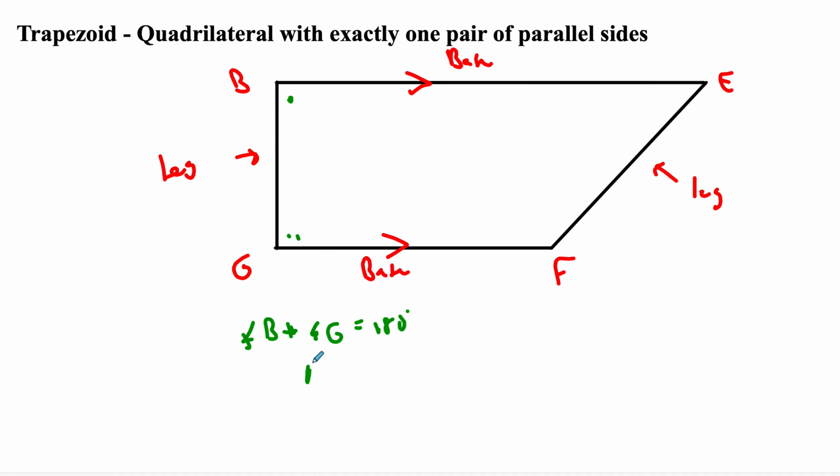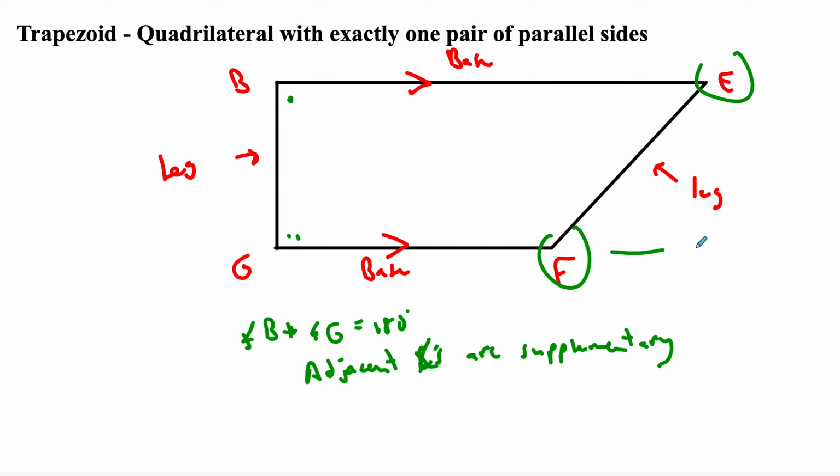So we can say that adjacent angles are supplementary in a trapezoid, but only from one base to the other. So G and F we don't know that about, but we do also know that angle E and angle F are also going to be supplementary because the lines are parallel.